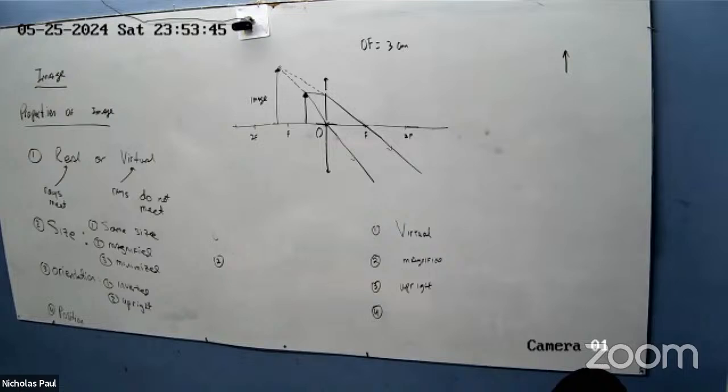Between F and 2F on the same side as the object. Between F and 2F.